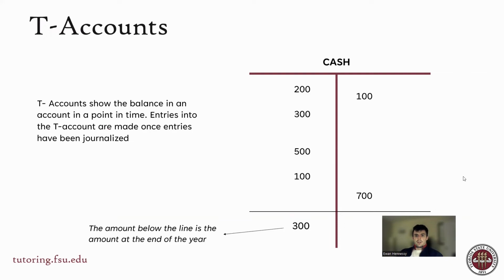We're hitting on the T accounts now. So T accounts are really just the lazy person's version of a general ledger. Similarly, in the general journal, historically the accountant would make an entry on the general journal piece of paper and then file it in the filing cabinet.